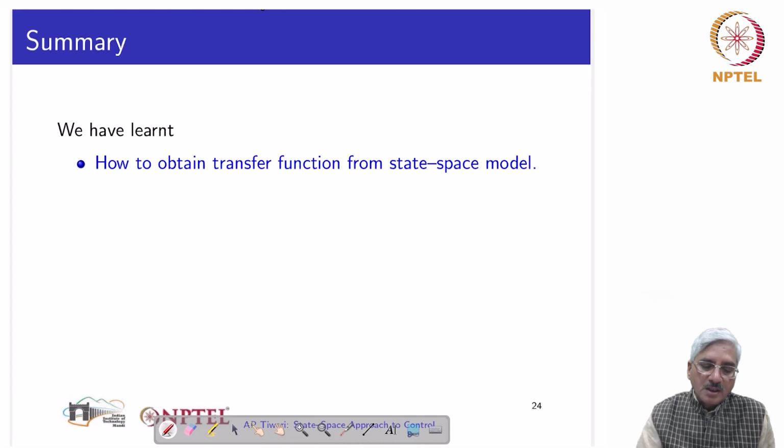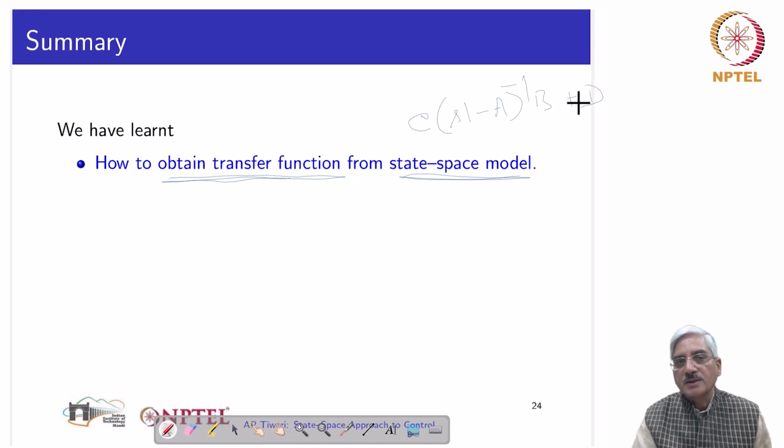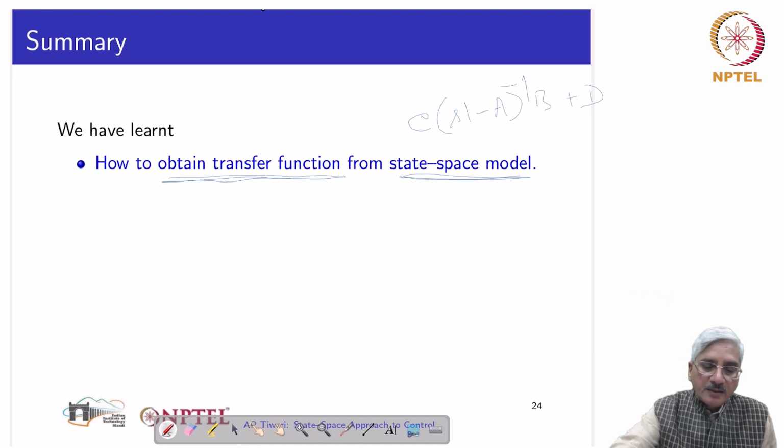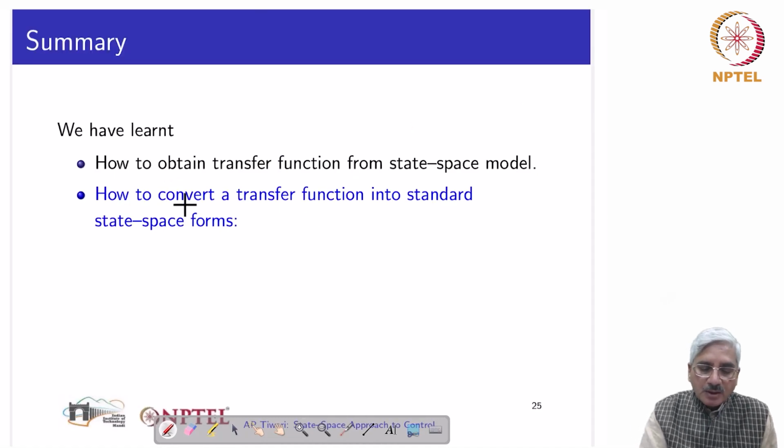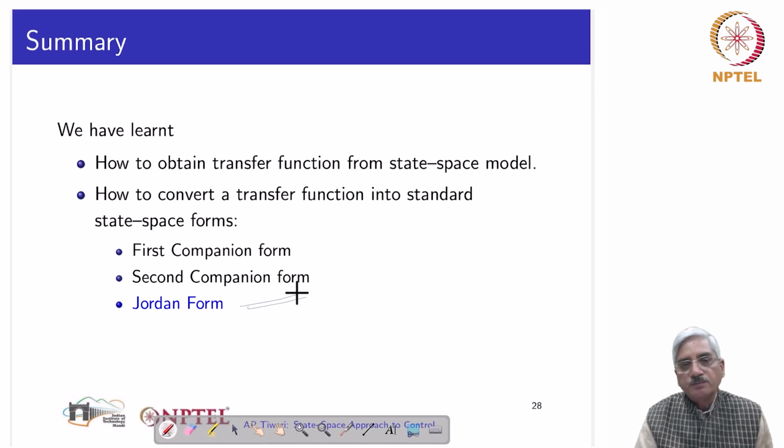What we have learnt is how to obtain the transfer function of the system given the state space model, that is C (sI minus A) inverse B plus D. This was the transfer function. And given the transfer function, how to convert it to standard state space forms. We represented it by canonical forms: one was the first companion form, another was the second companion form, and the third was the Jordan form.